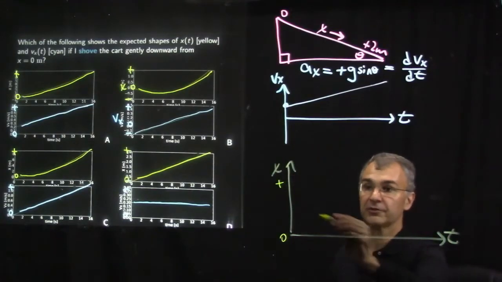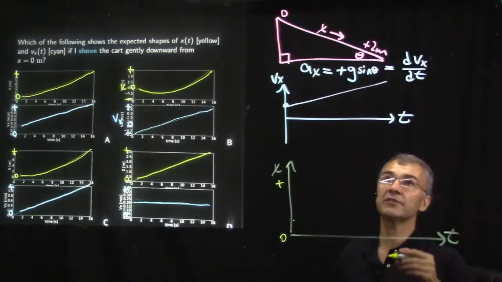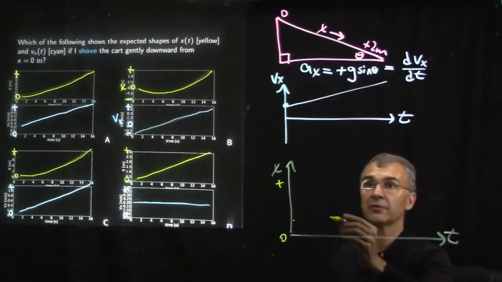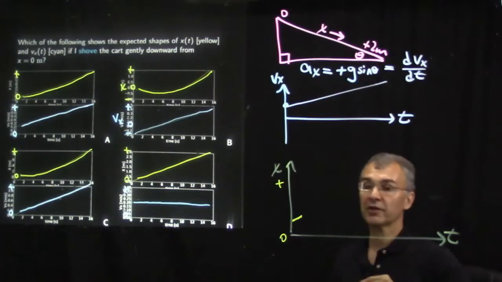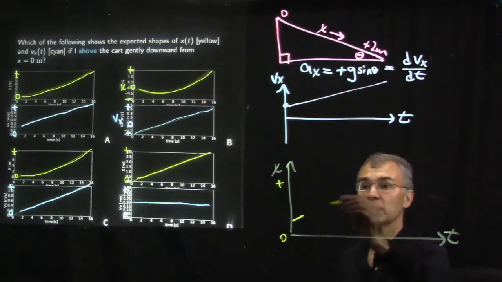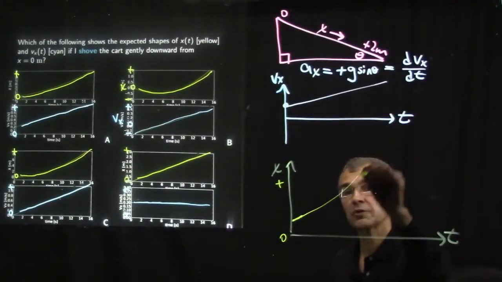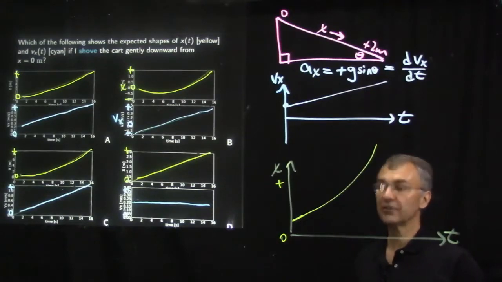It'll start out close to 0, but then it's going to get positive at a bigger and bigger rate. So the slope is going to start out a little bit above 0, with a positive slope, because it starts out with v sub x bigger than 0. The slope of this curve will get more and more positive, like that. So which one of these looks like that?